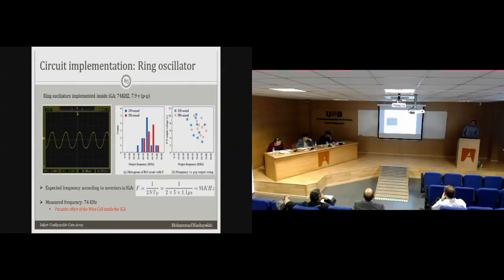Taking the propagation delay of the inverters, for a 5-stage ring oscillator we expected a frequency of 91 kilohertz, and we are having 74. It is not very accurate, and the reason is the parasitic effect of the wire cells inside the IGA.